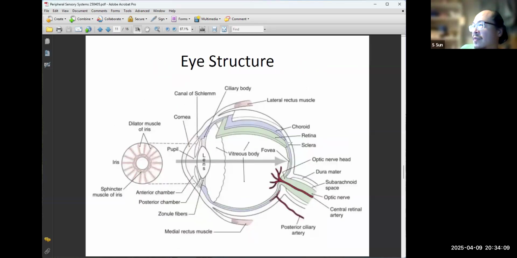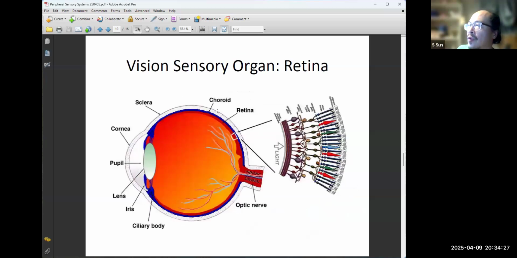So sclera coming down here becomes dura mater. Dura mater forms the outer skin of your brain. So your brain tissue is extended all the way from your brain to your eyes. So that's the sclera. Sclera is the outer layer.